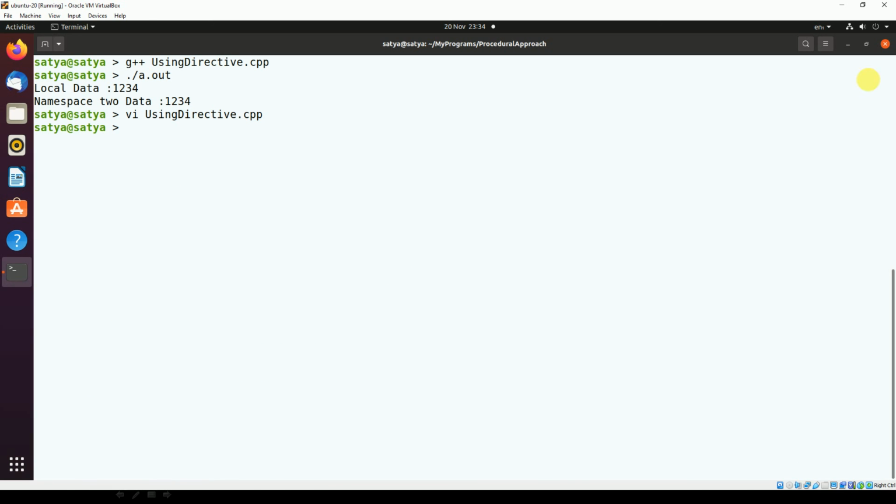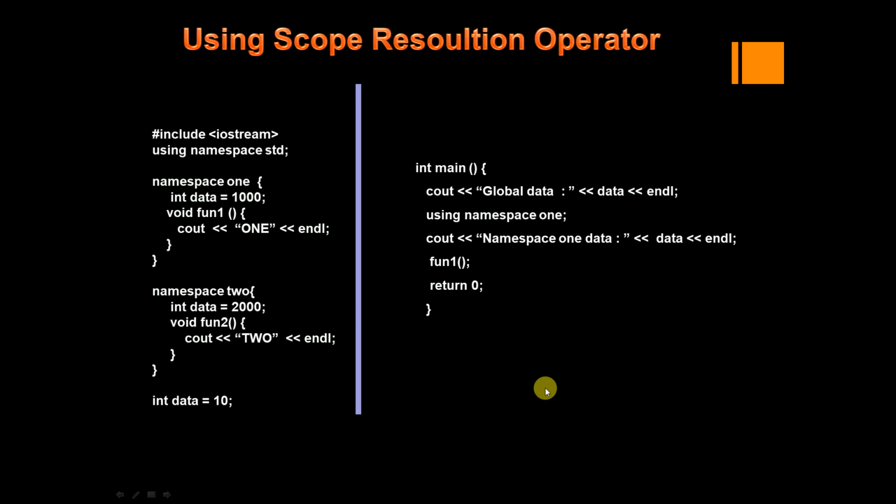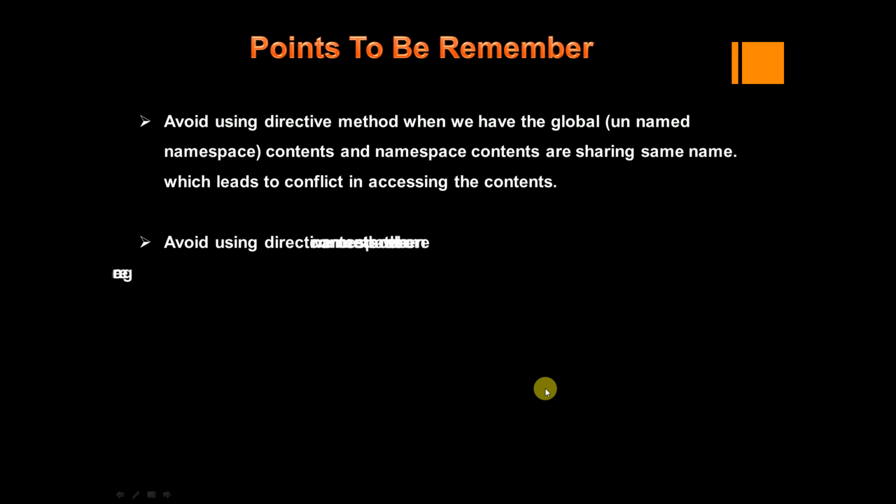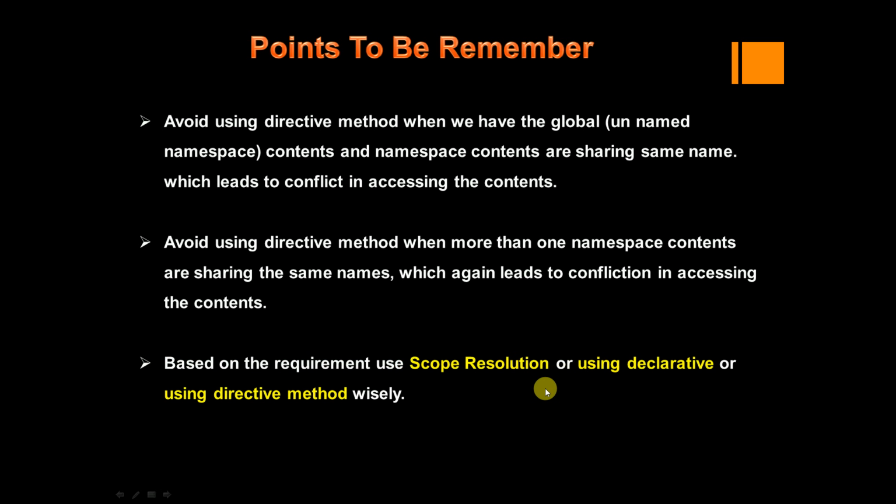So now back. We have to remember a few points: avoid the using directive method when the global, that is unnamed namespace, contents and namespace contents are sharing the same name, which leads to conflict in accessing the contents and causes an ambiguity error.